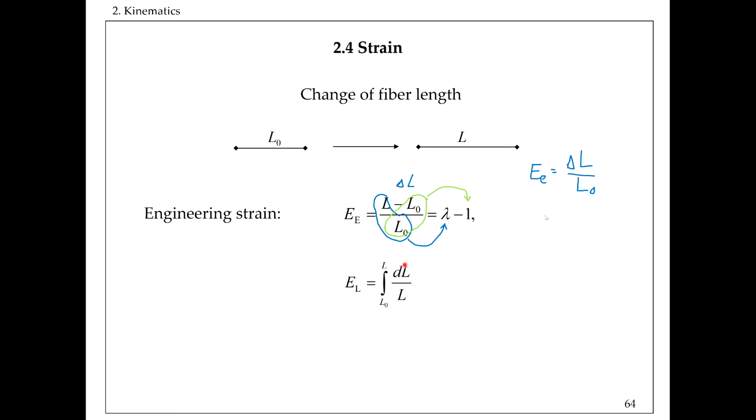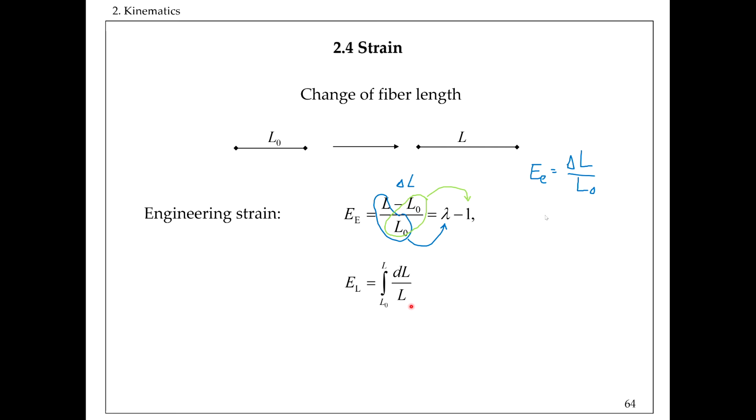Basically, we defined that locally, so instead of delta l, we have this infinitesimal element change dl. So this is our integral approach already here. So dl divided by l, so we normalize it, so that's our measure of strain. And then we integrate and we see how much was accumulated through the whole process of this deformation, of this path of small changes in L, as we go from here to here.